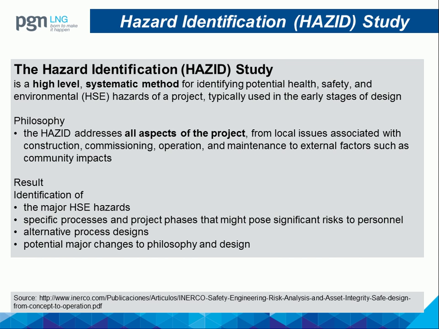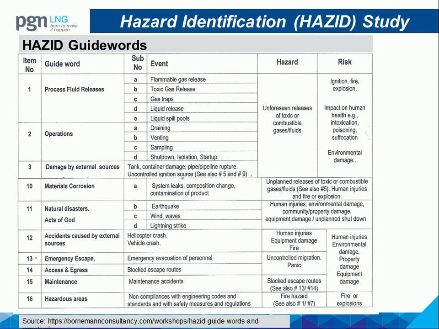And at the end, whether there would be a potential major change to philosophy and design that would be the result of the HAZID. These are the guide words normally used during the study. So will there be a process release, and if there is a release, what would the hazard be, and what is the risk, whether there's an ignition, fire, explosion, or it will impact on human, and so on.